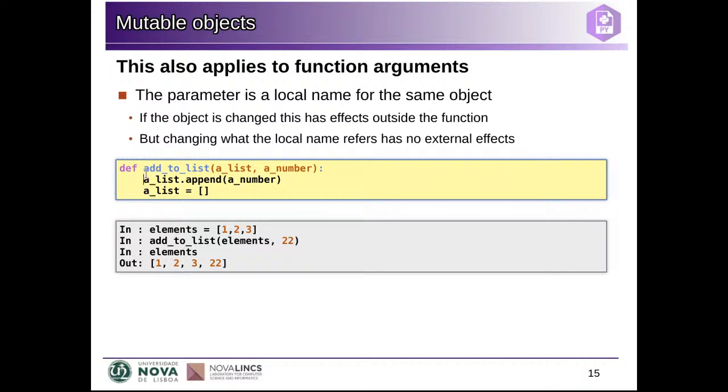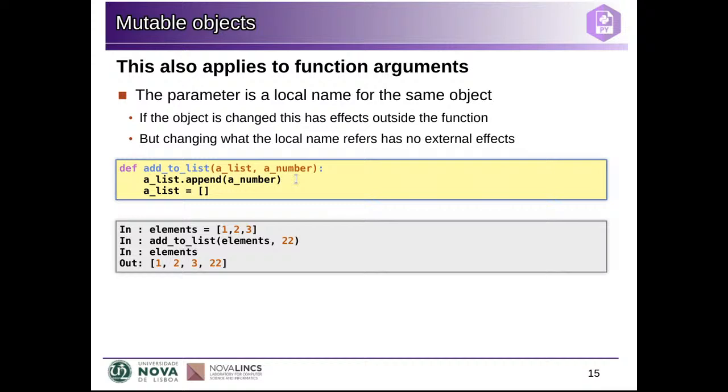But this changes what we see in elements here, because it's calling the append method of the object pointed to by A-list, and this object is the same as the object pointed to by elements. So this may be a bit confusing at first, and usually you will not find this problem if you take care not to change mutable objects that you receive as arguments in your functions.